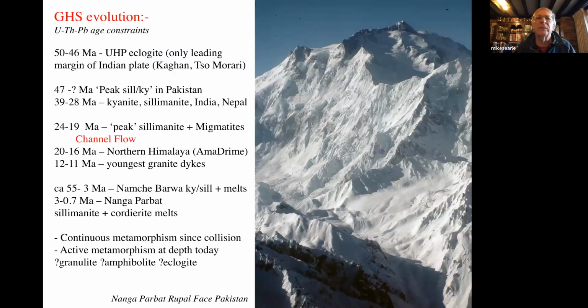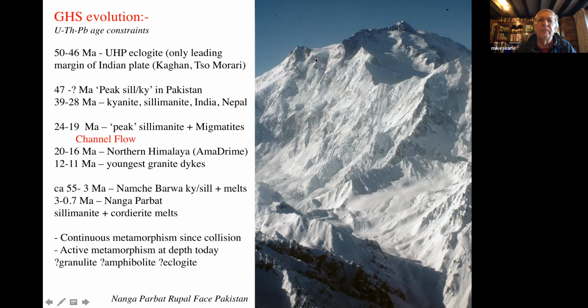Okay, so that's the story of the Himalayan metamorphism and deformation, and that is remarkably consistent for 2,000 kilometers along the whole length of the Himalayas, at least from Ladakh and Zanskar to the Arunachal Pradesh and Bhutan region in the east. With two exceptions, and those are the corners. The northwest corner is the Nanga Parbat syntaxis in Pakistan, and the one in the east is the Namche Barwa syntaxis in southeast Tibet.